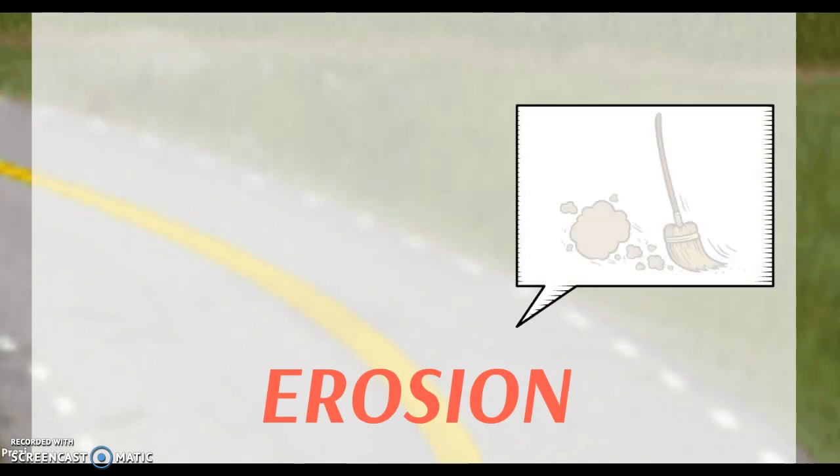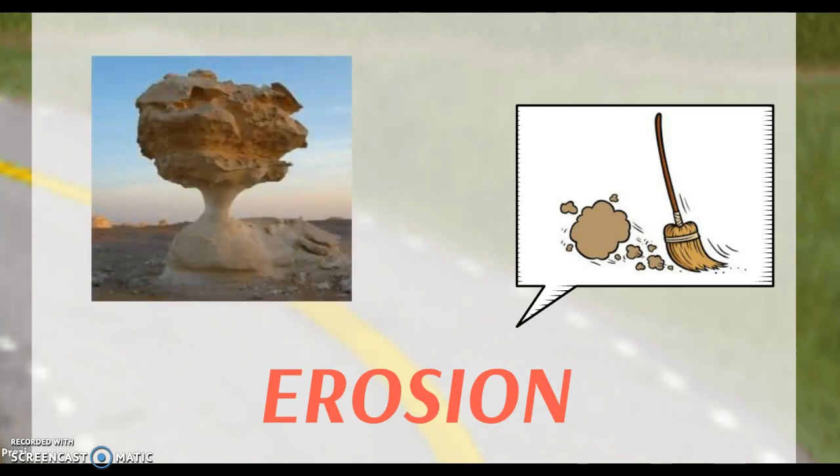Erosion can sometimes be confused with weathering. They have many of the same properties, and it can also help shape and form landforms. You can think of erosion like the process that sweeps away all of these smaller broken up pieces of land, debris, and sediment. These are the types of landforms that can be created by weathering and erosion.